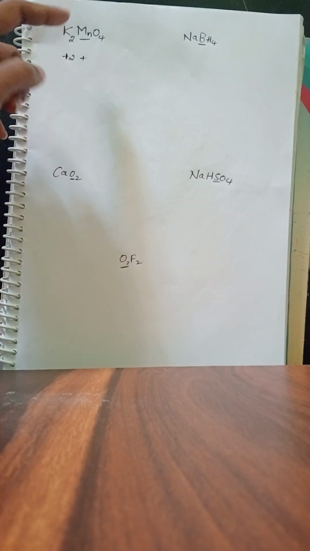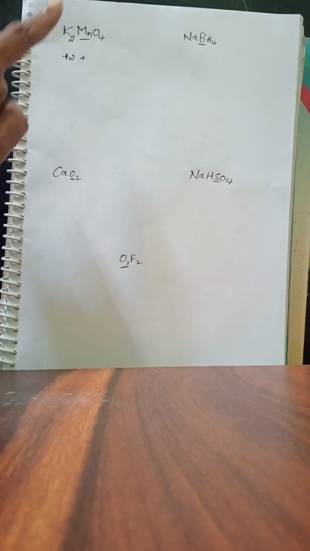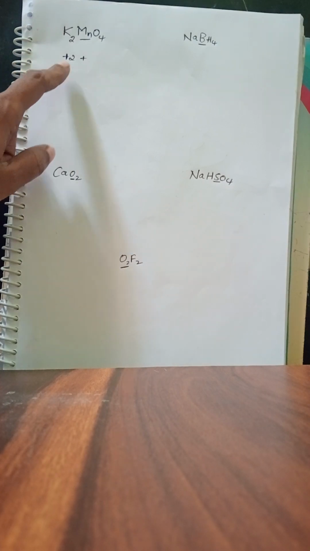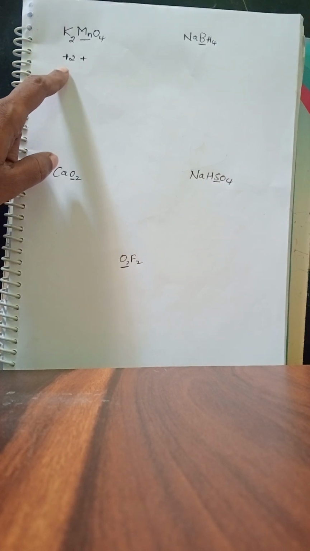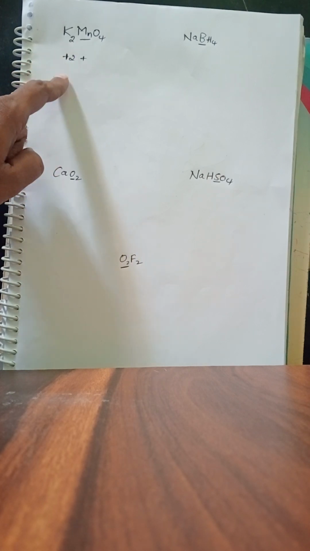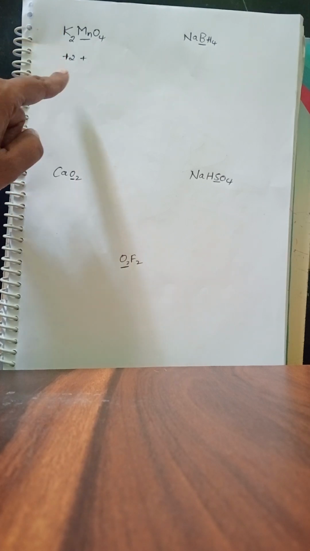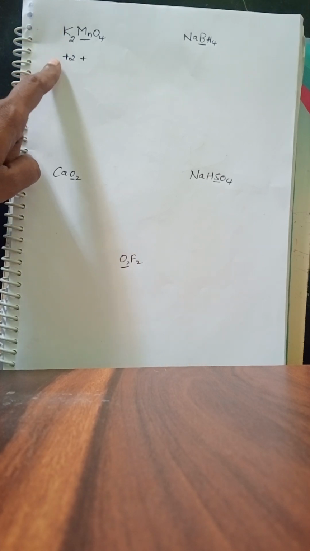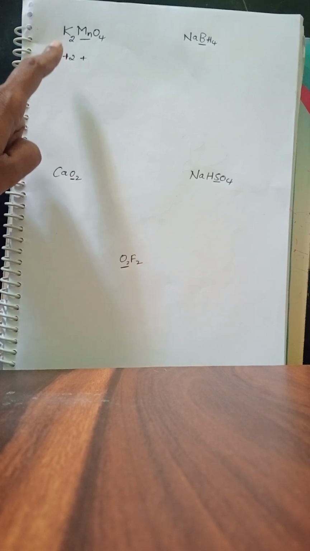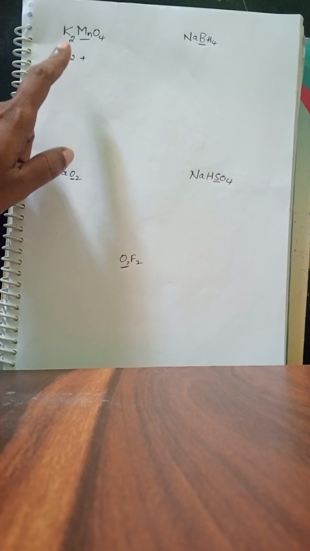Because potassium belongs to the first group: sodium, potassium, rubidium, cesium. Its outermost electronic configuration is ns1, so it belongs to the s block and the first group, so it has a plus 1 charge. We have 2 potassium atoms, so we can write plus 2.